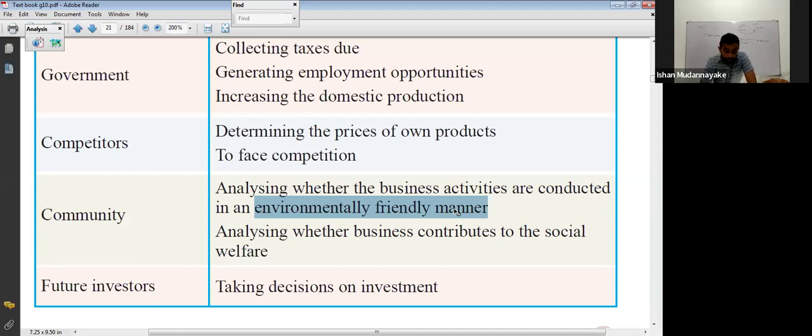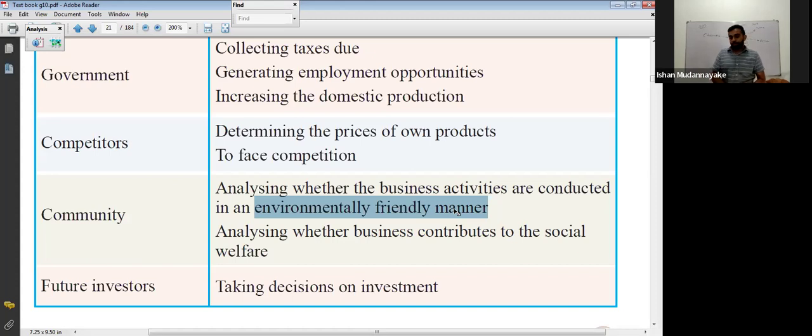You can earn profit, but while you earn profit in a business organization, you need to protect the environment.